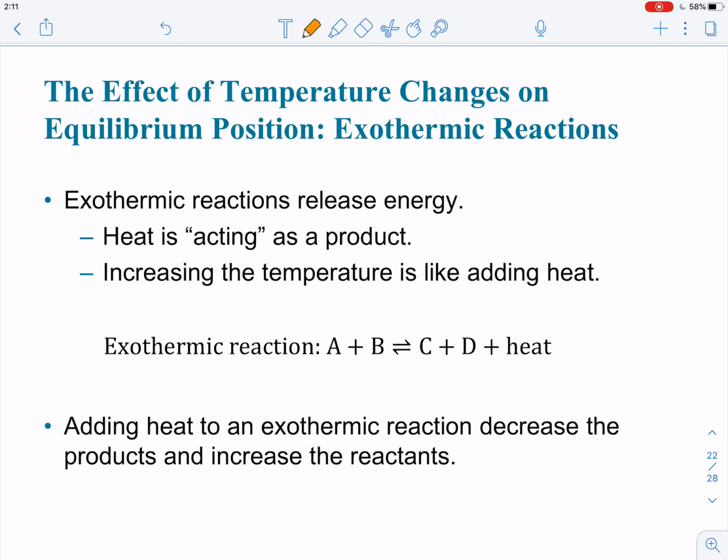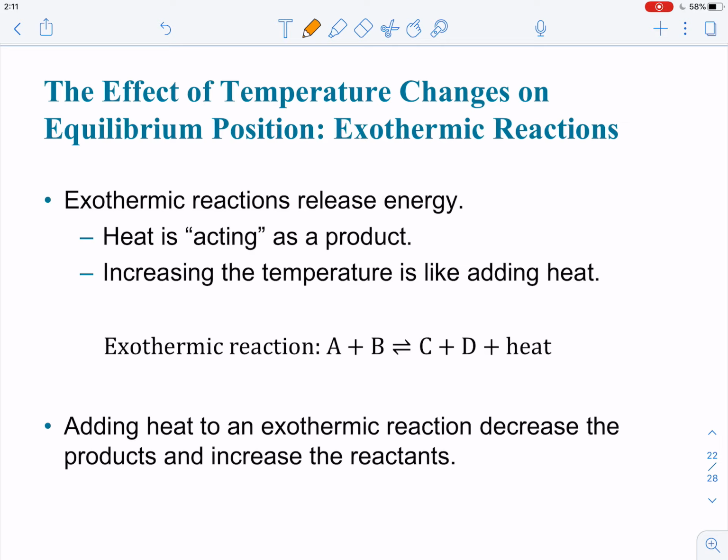So you cannot really explain it by increasing the reactants or increasing the products, because it's not exactly part of the reaction. However, for practical purposes, when applying Le Chatelier's principle, we can actually consider it as part of the reaction. Yes, it's heat generated or heat absorbed by the reaction, but whatever the case is, you can use it as if it was part of the reaction.